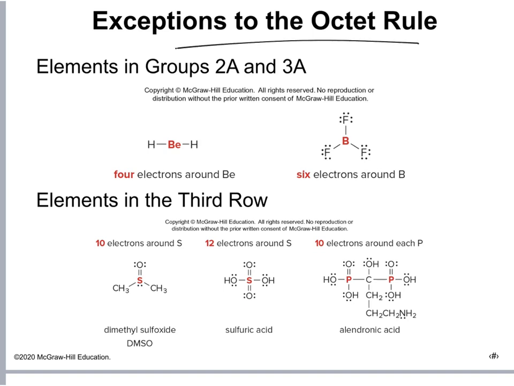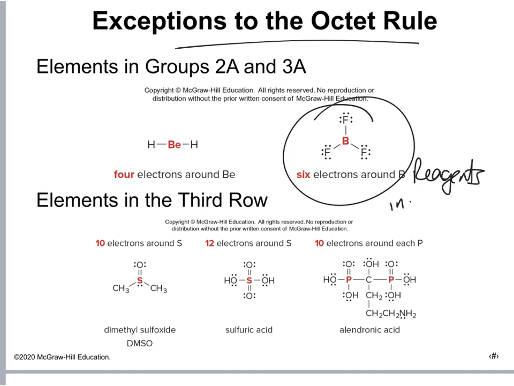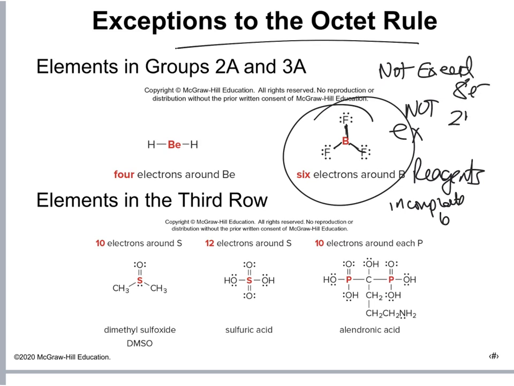So these are exceptions to the octet rule. The one that you're going to see some, and when we get into reagents, is boron. Boron has an incomplete octet, so it can have six electrons, 1, 2, 3, 4, 5, 6. None of the elements can exceed 8 electrons in the second row.